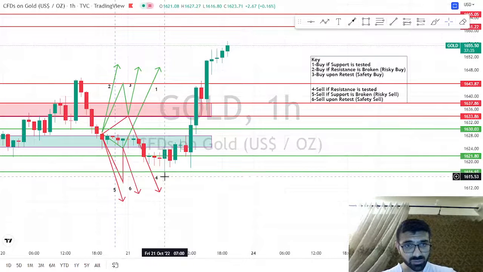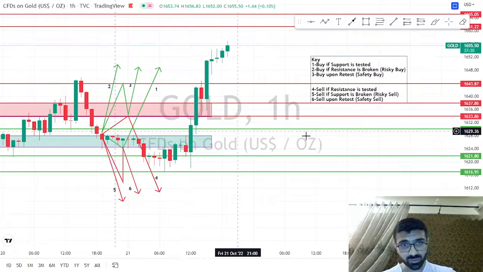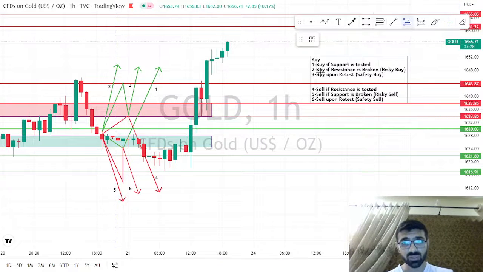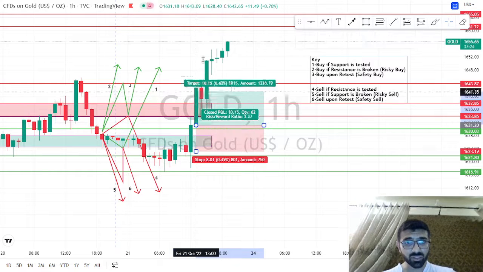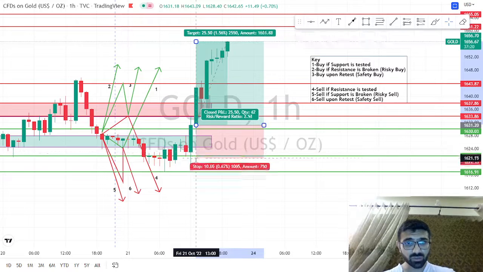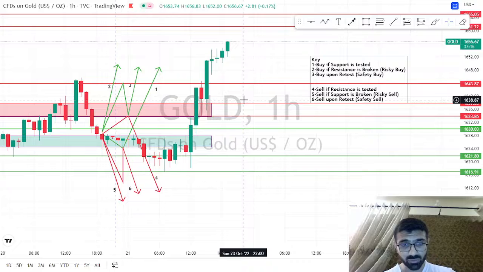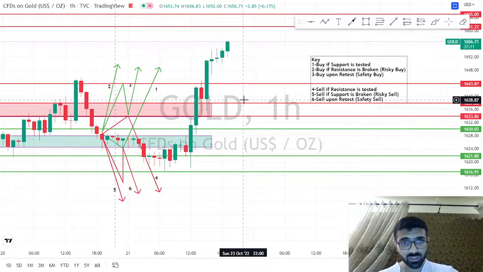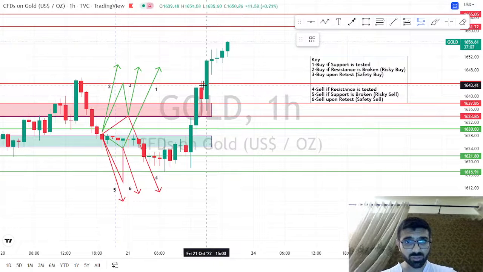And as soon as this trade had happened, once market closed above our short-term support zone, we would have taken a buying entry once again over here, and our take profit will be over here, and our stop loss will be over here. So this trade would have given us a 1.9% profit. Both of these trades were really good, and I hope that you guys benefited from these trades.